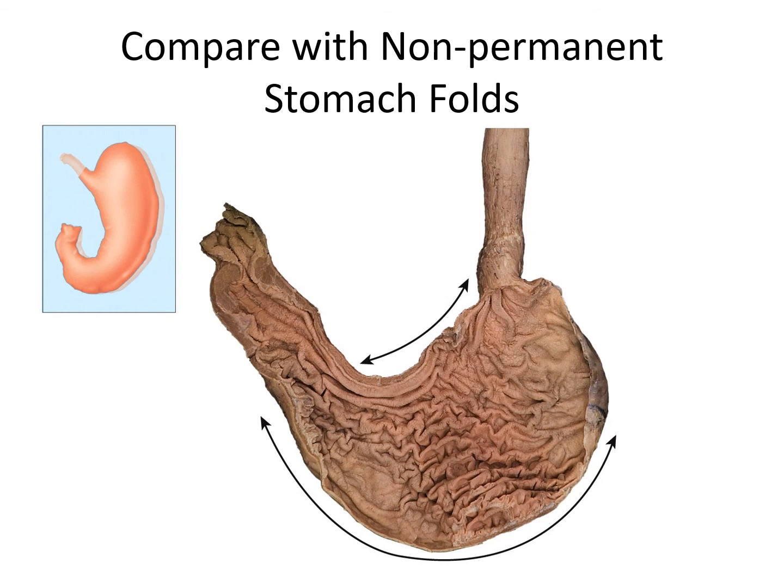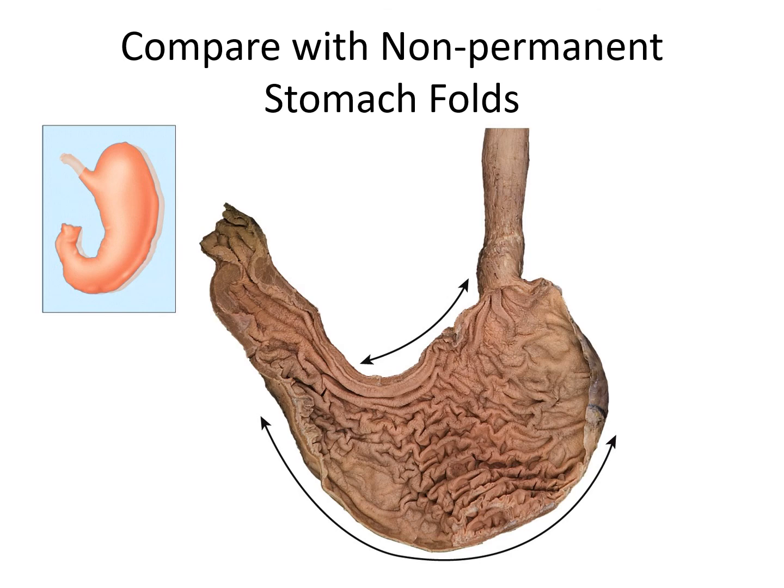So compare the folds in the intestine to the folds in the stomach. They are a bit different. First of all, the folds in the stomach are non-permanent. And what I mean by that is when the stomach fills with food, these folds kind of stretch out. So the stomach becomes less wrinkly inside. The reason for this is that the stomach is kind of a holding area for a meal, because we're not eating constantly, so we have to store a meal, and then the stomach releases a little bit at a time into the intestines.